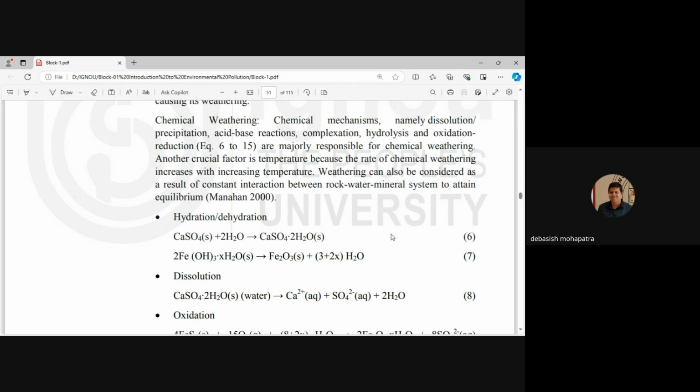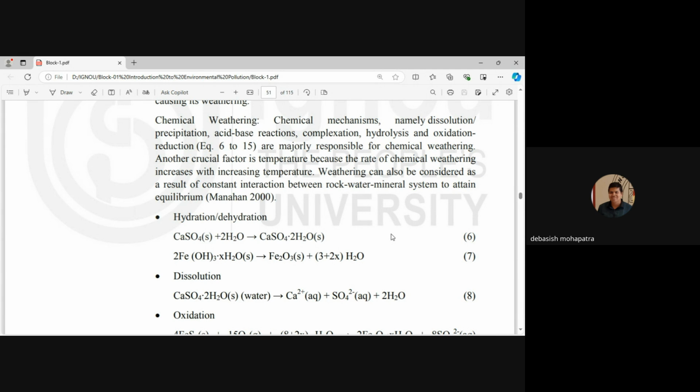Okay, so these are the different reactions of hydration and dehydration. How calcium sulfate reacts with water, forming calcium sulfate dot 2H2O, and iron FeOH gives FeO2 plus 2H2O.